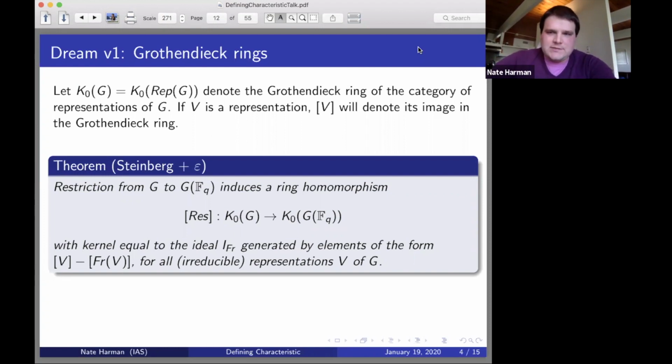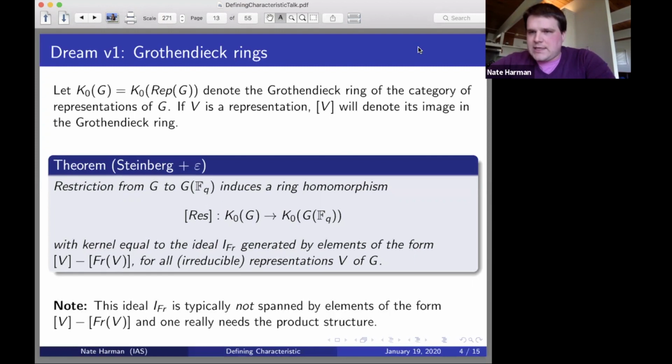So this is, I think, a natural way to interpret this dream conjecture, at least at the level of Grothendieck rings. One thing I want to highlight here is this is really a ring property. So this ideal is generated by these differences, V minus the Frobenius twist of V, but it's not spanned by them.